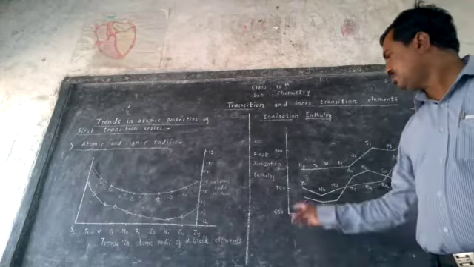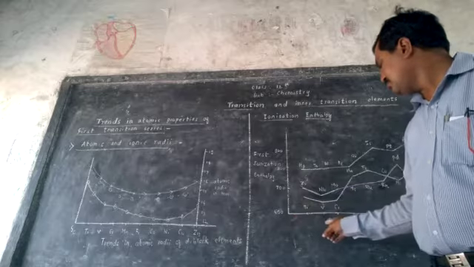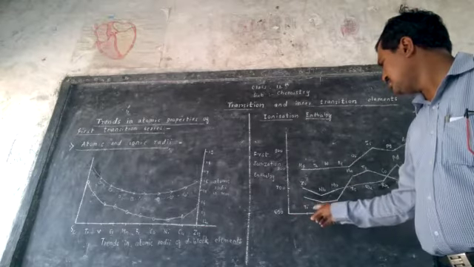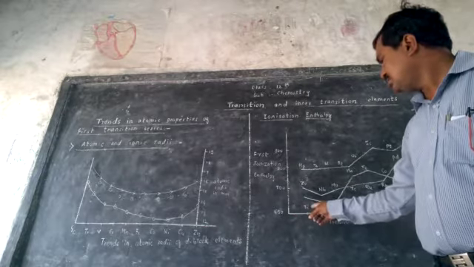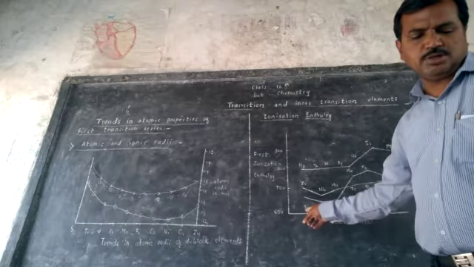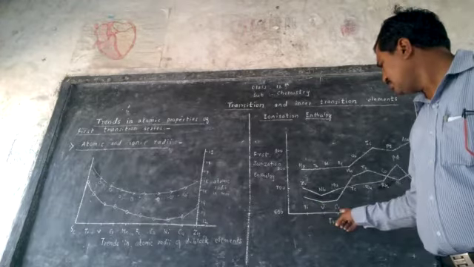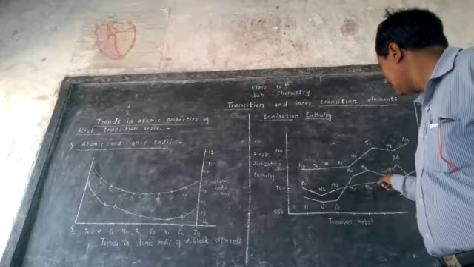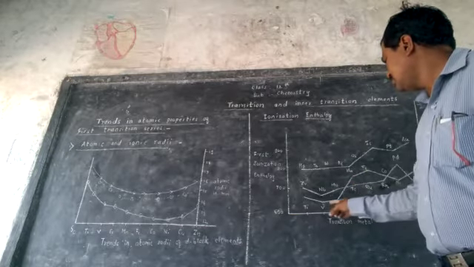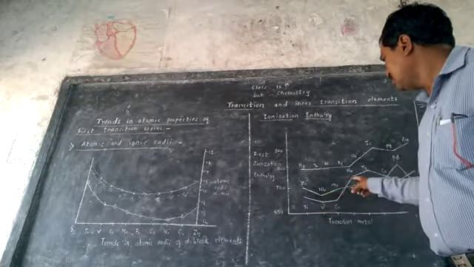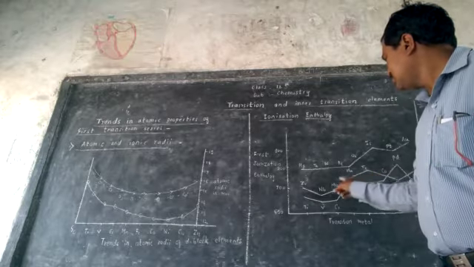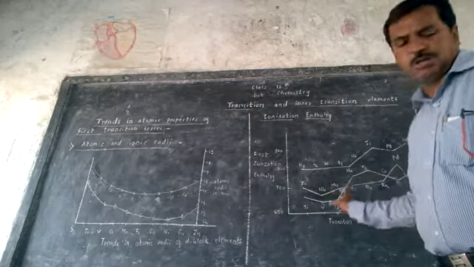Ionization enthalpies are shown in this diagram. These are transition metals: titanium, then vanadium, chromium, manganese, iron, cobalt, nickel, copper, zinc. They slightly increase from left to right.